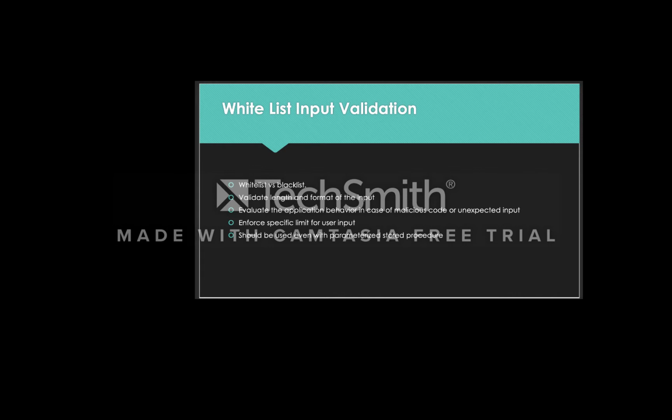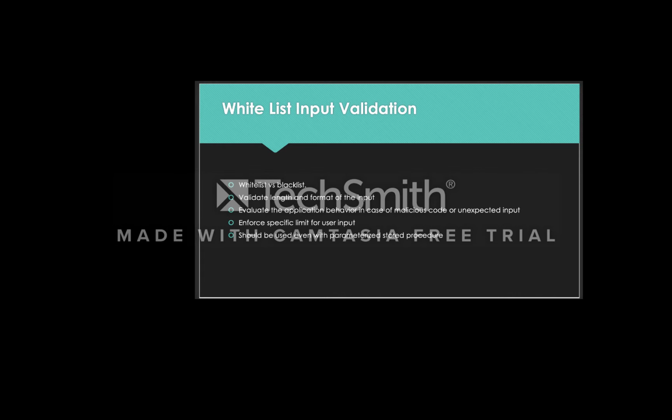But this is not recommended for two reasons. First of all, we have too many characters that can be malicious, and it's just not possible to define all of them to be filtered. Second of all, if we try to do so, we will have a lot of false positives.